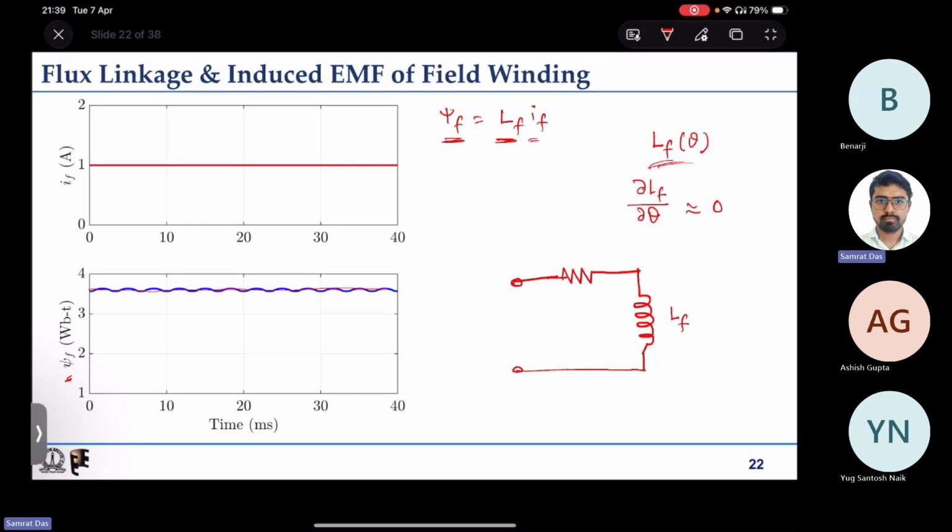Strictly speaking, that is a function of theta, and in that case you will also have another component, the back EMF, but dou LF dou theta is reasonably close to 0, and LF is reasonably constant with rotor position, so this can be considered a constant number, and this term can be considered to be 0. So this becomes the electrical equivalent circuit of the field winding. If you apply VF, there is some current.